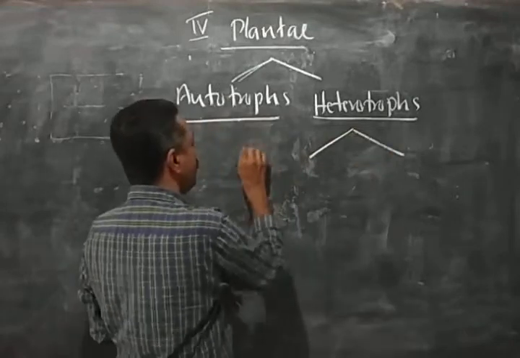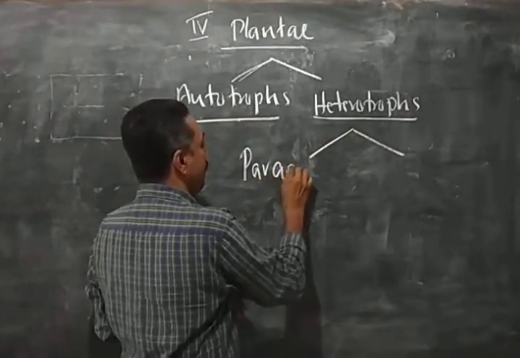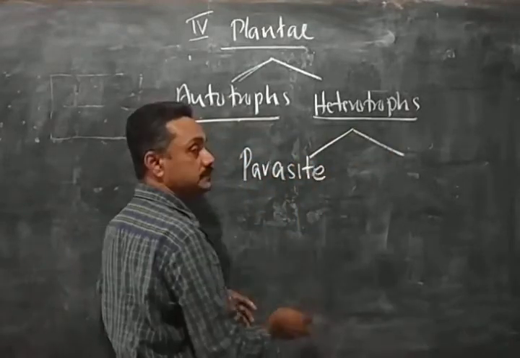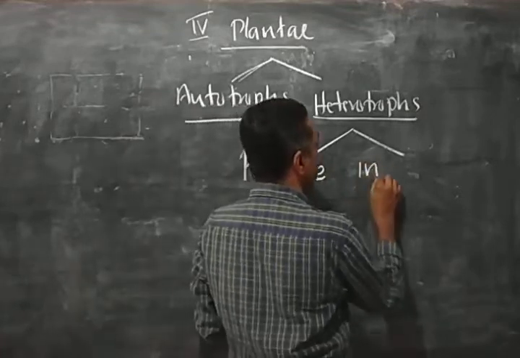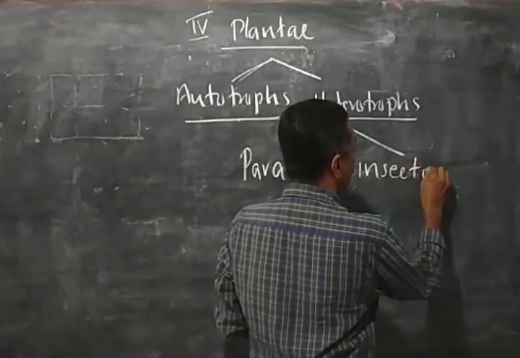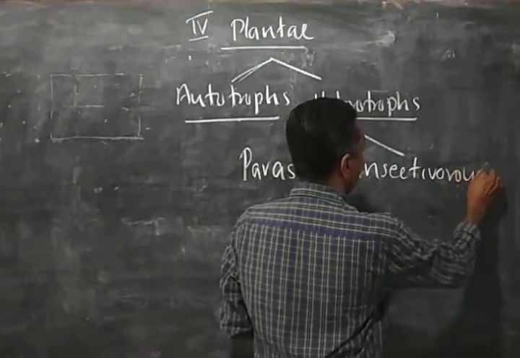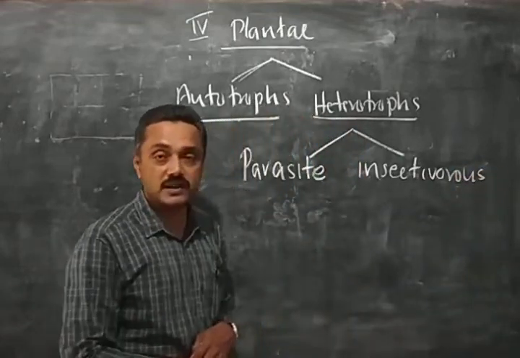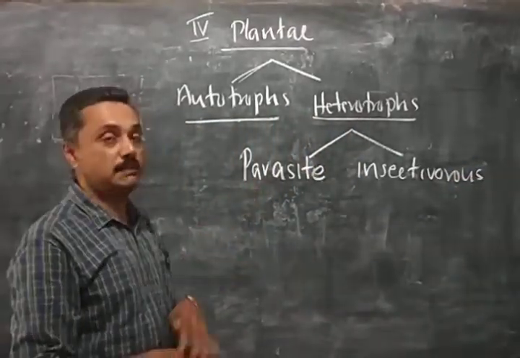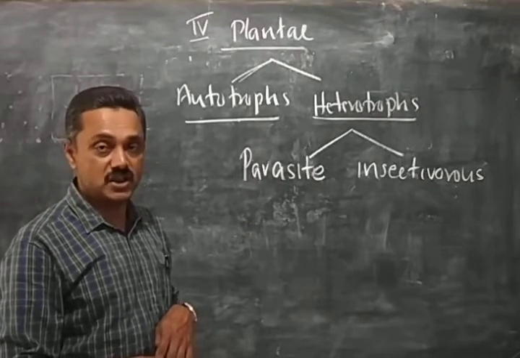Some of the plants are called parasitic plants, and some of the plants are insectivorous. I think you studied about that. So, parasitic plants. What do you mean by parasitic plants?